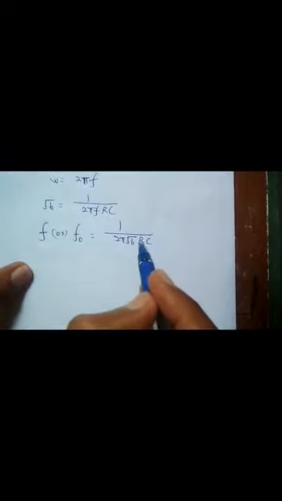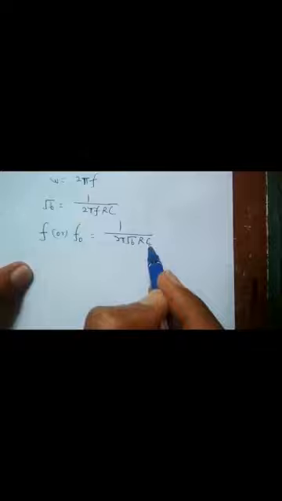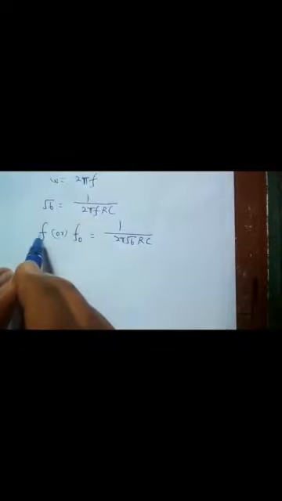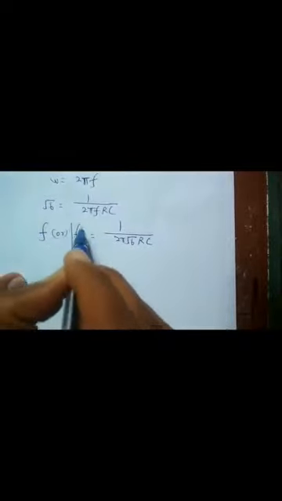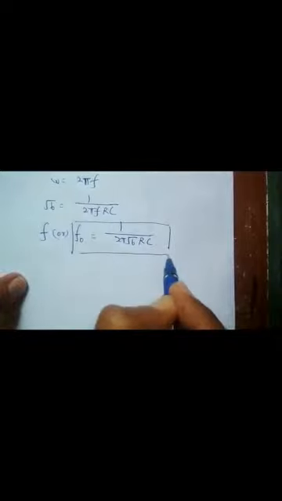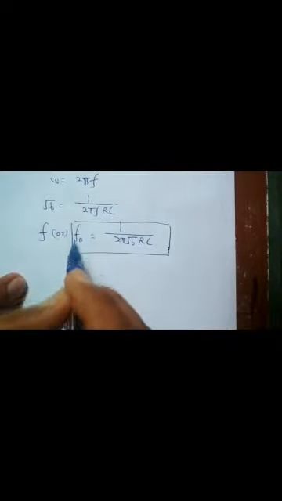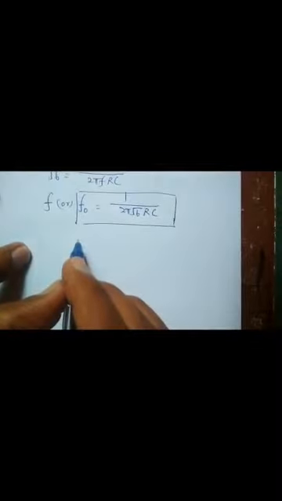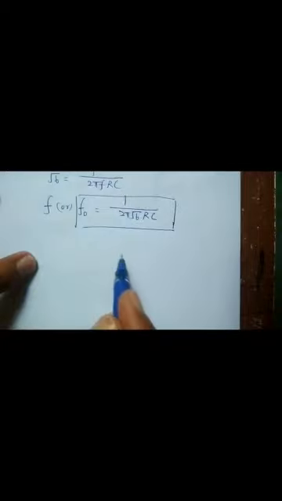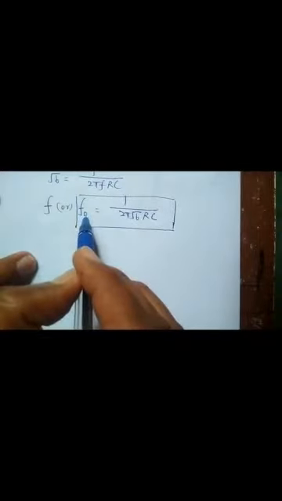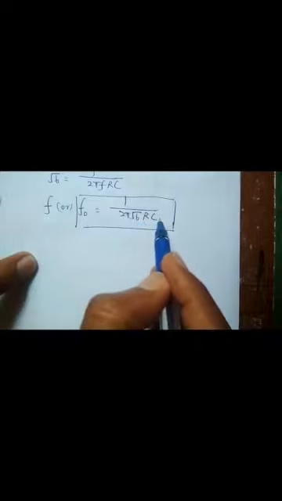By using the proper values of R and C, the f oscillation can be fixed. Based on the value of f oscillation, the RC phase shift oscillator oscillates and generates the f oscillation frequency. Based on the requirement of f oscillation from the RC phase shift oscillator, we need to choose R and C.